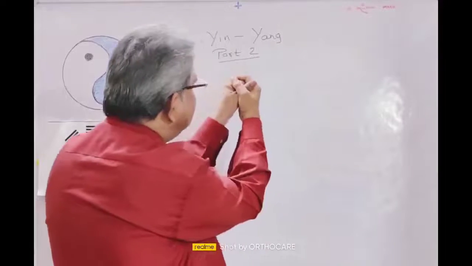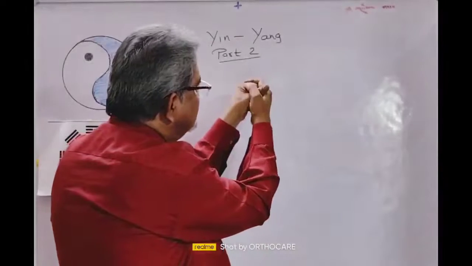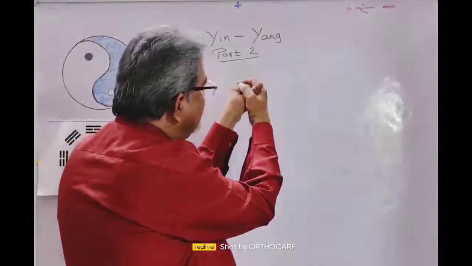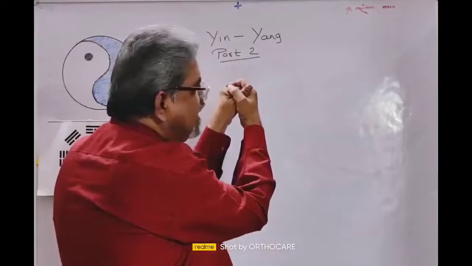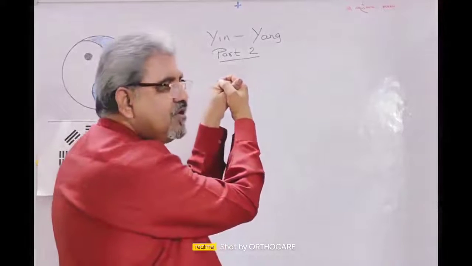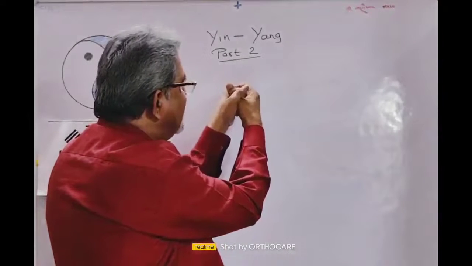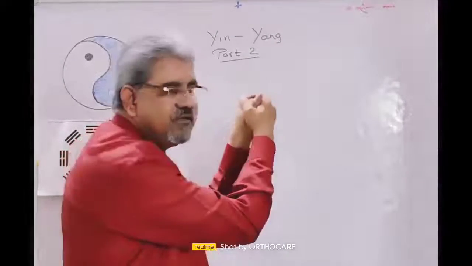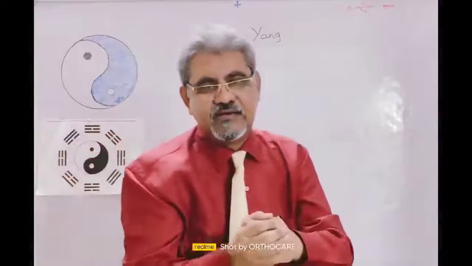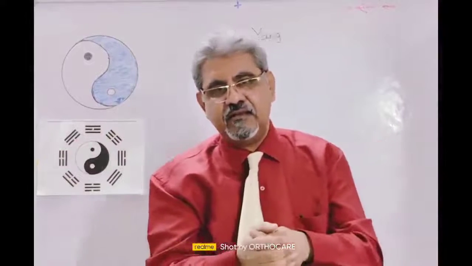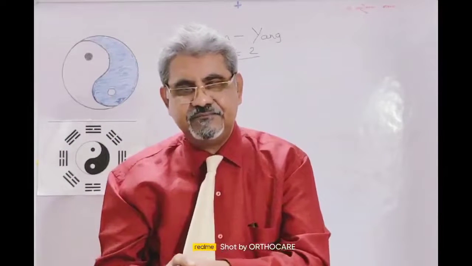These two thumbs are known as the tiger mouth. The tiger mouth is actually a symbol of yin and yang, like yin is dependent on yang or yang is dependent on yin, and each is controlling as well as compromising and complementing the other.